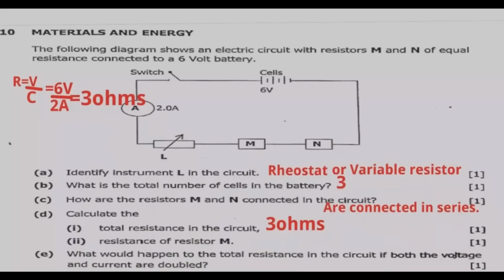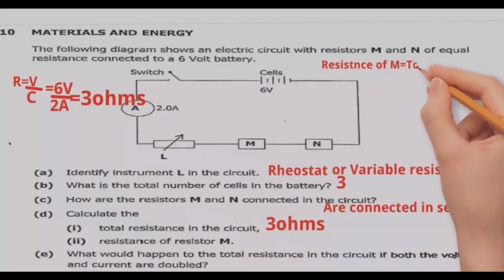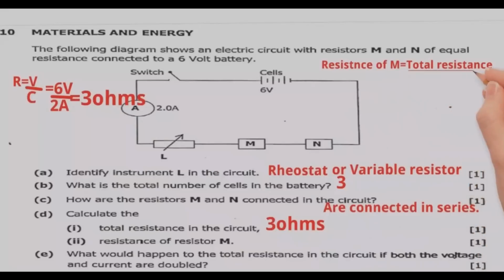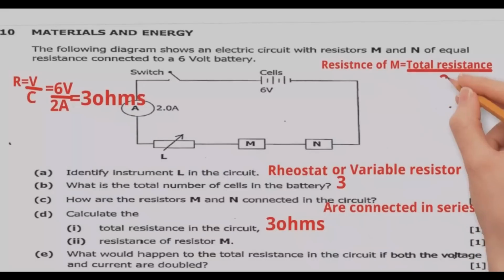The other question, question D2, is calculate the resistance of resistor M. We said resistance of M is equal to total resistance divided by 2.